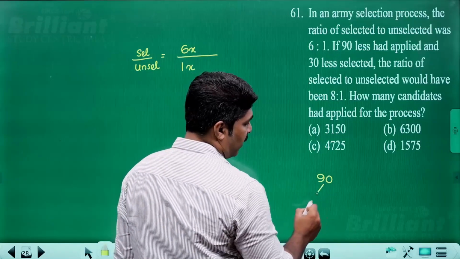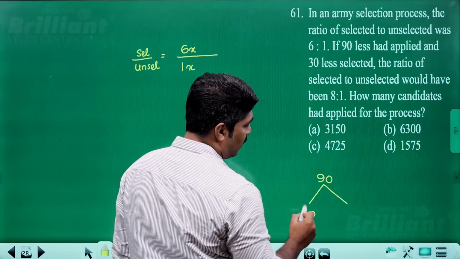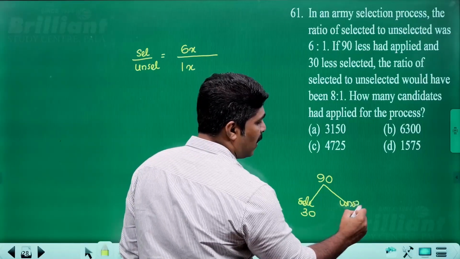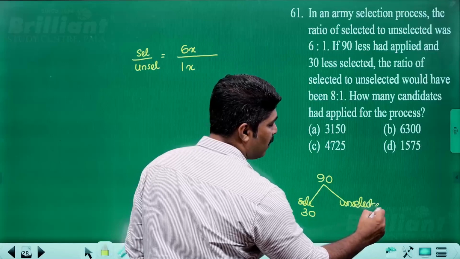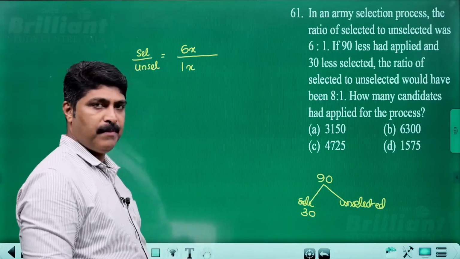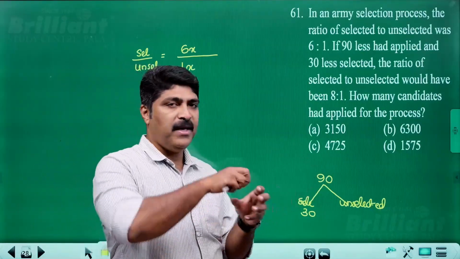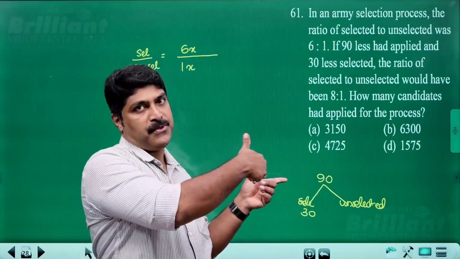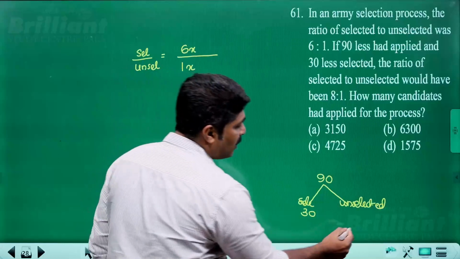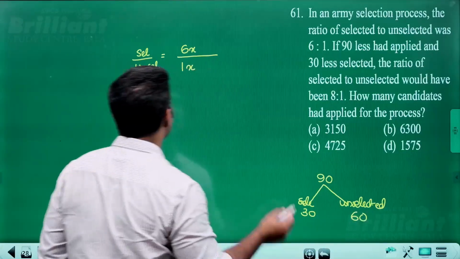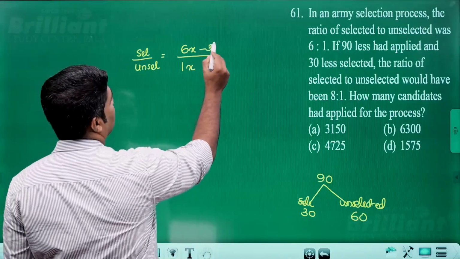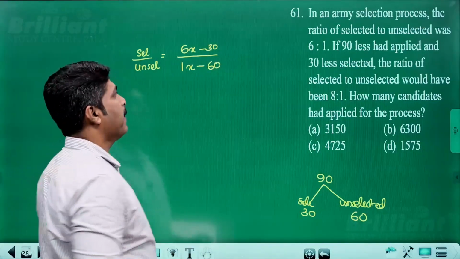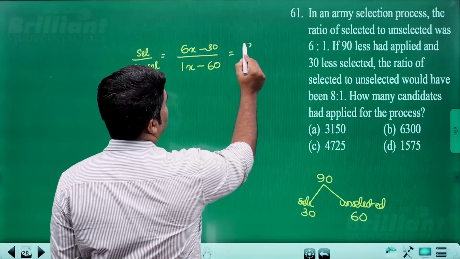So out of the initial group of students, we are removing 90, and of that removed group, 30 are selected students. Therefore, the remaining 60 are unselected students. Selected reduced by 30 and unselected reduced by 60. Then the new ratio is 8:1.